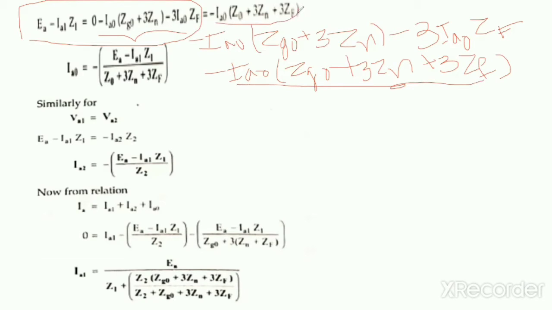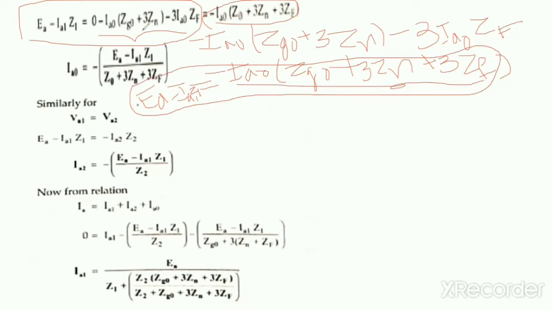From this equation, this will be equal to EA minus IA1 into Z1.